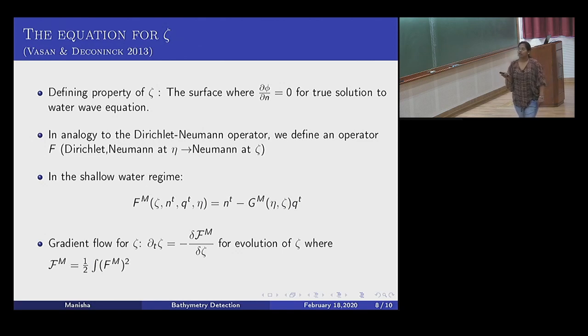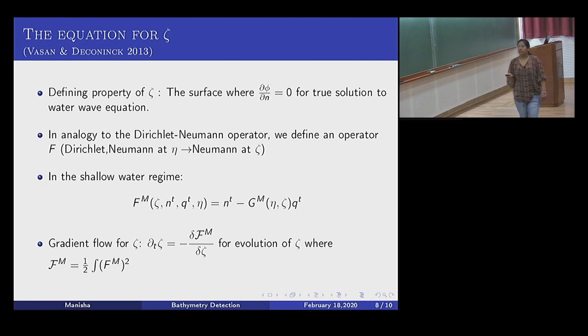So in analogy to the Dirichlet to Neumann operator, we define another operator F, which is, given the Laplace equation with Dirichlet and Neumann condition at top, if we evaluate the Neumann condition at the bottom, that map from the Dirichlet and Neumann data at top to the Neumann condition at bottom is denoted by F. As we had already said, this Neumann condition at the bottom equaling 0 solves for the bottom boundary. It is the bottom boundary.